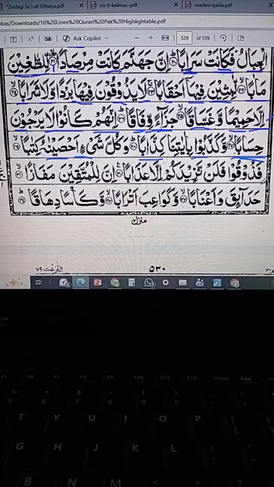Fadhuqu falan nazidakum illa azaba. In this ayah, as you can see here, waw madda is here. Fadhuqu. Again, noon has a shadda sign. Noon mushaddad is here. We have to do gunna. Again, the next one is ya madda. And after illa, as you can see, this is alif, and before alif this is zabar.